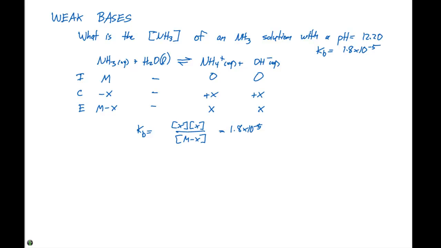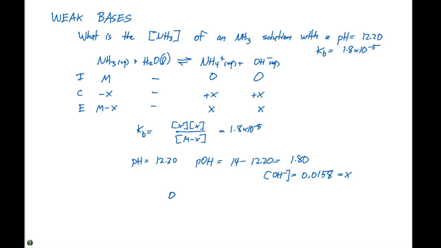Okay, our pH is equal to 12.20, which means our pOH is going to equal 14 minus 12.20, which is equal to 1.80, which means the OH minus concentration is going to equal 0.0158, which is going to equal X in our particular expression.